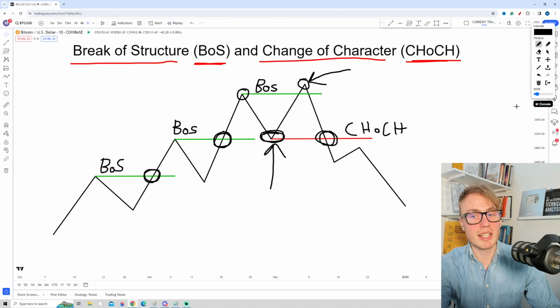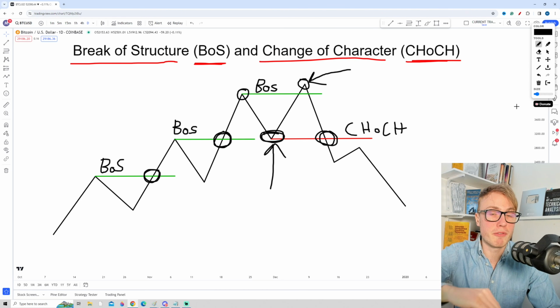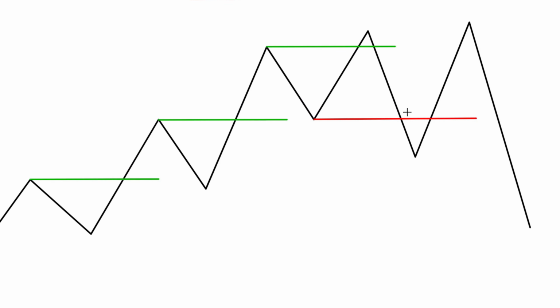And now I actually have a question for you guys. When we see a change of character, does that automatically mean that we switch from, for example, an uptrend to a downtrend or a downtrend to an uptrend? Well, it's actually not that simple. So if you take a look at this new chart, this point right here is still a change of character.